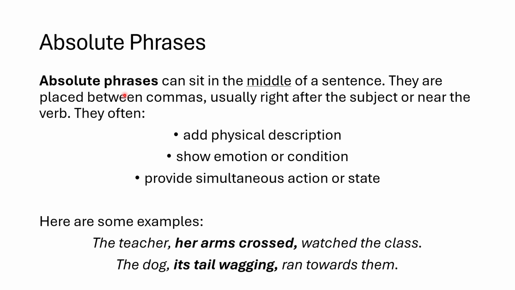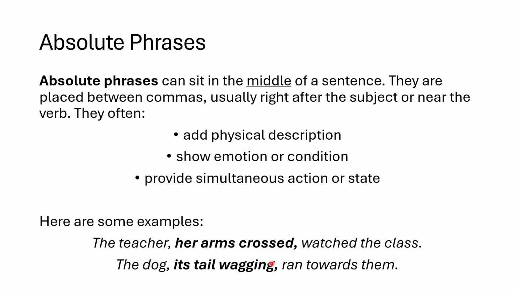Absolute phrases can sit in the middle of a sentence. They are placed between commas, usually right after the subject or near the verb. They often add physical description, show emotional condition, and provide simultaneous action or state. Here are some examples. The teacher, her arms crossed, watched the class. The dog, its tail wagging, ran towards them.